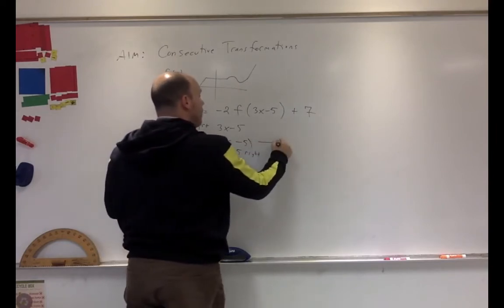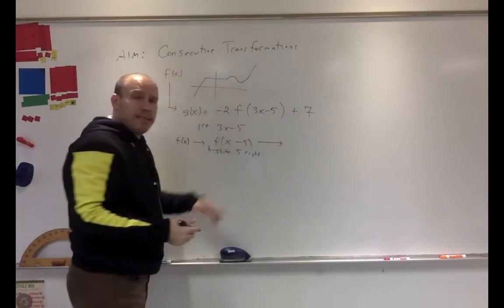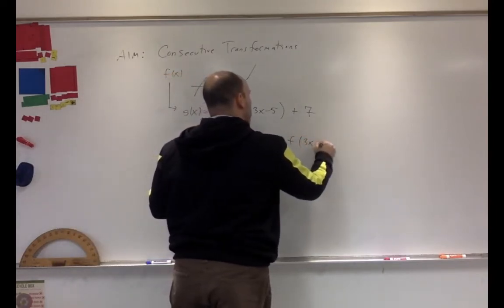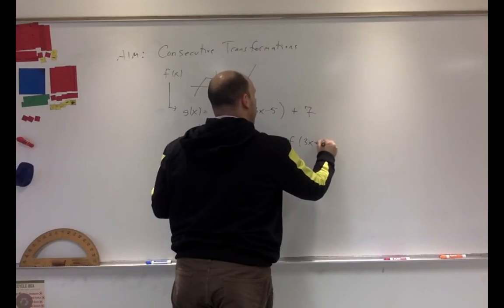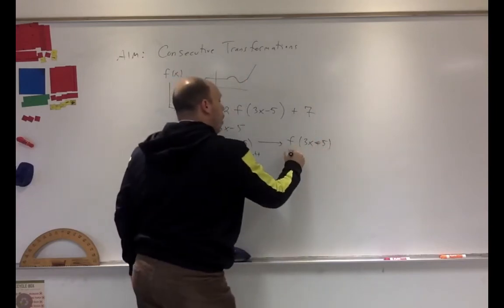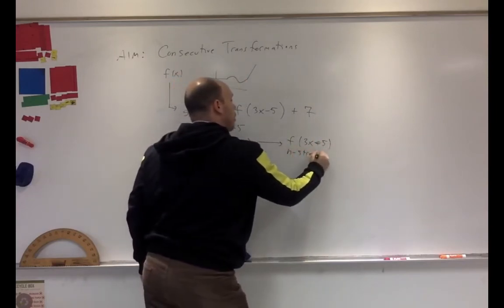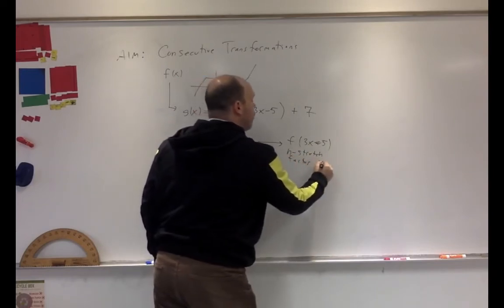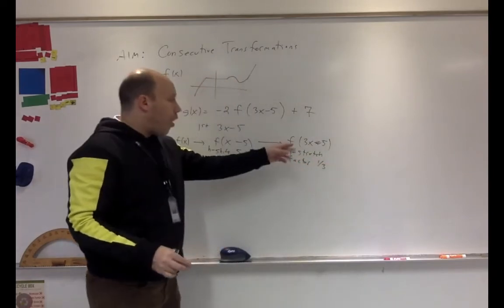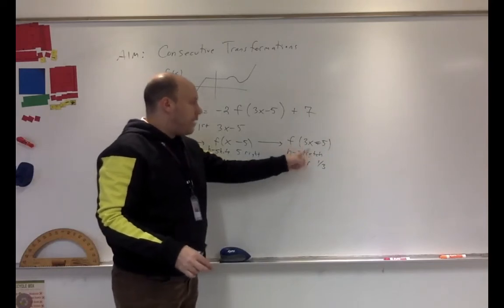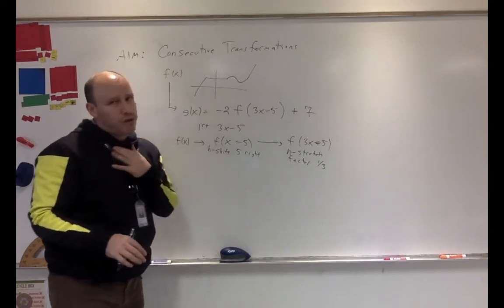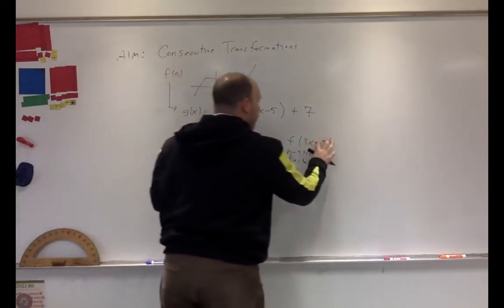And then the next thing we see is we replace the x with the 3x. So it's 3x minus 5. And what is this? This is a horizontal stretch by a factor of 1/3. Please remember that. The horizontal stretch is the reciprocal of the number in front of the x. It's a little counterintuitive to me, but this should be fine.